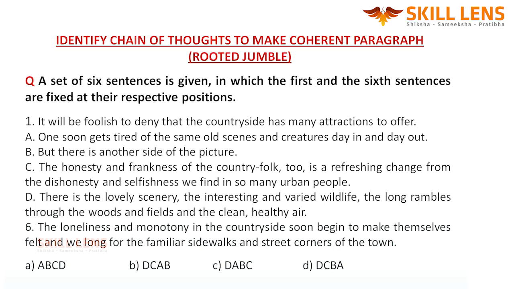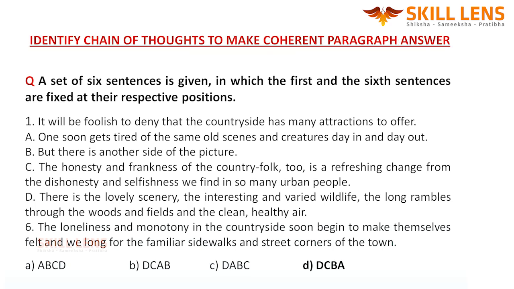That can be considered as the logic behind the paragraph. Kindly pause your video to be able to arrive at an answer of your own. The answer for this question is D, C, B, A.